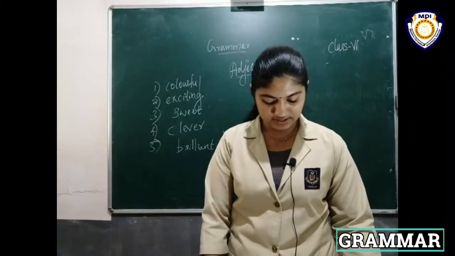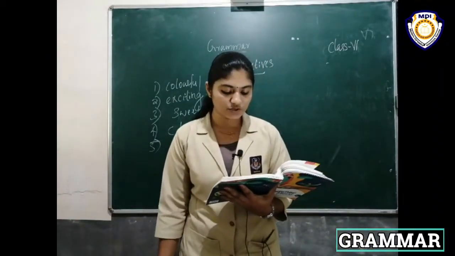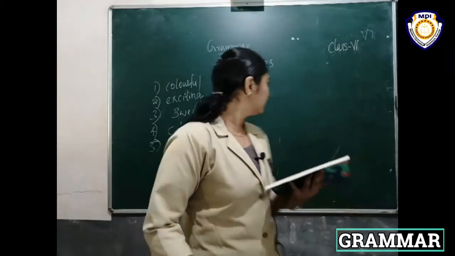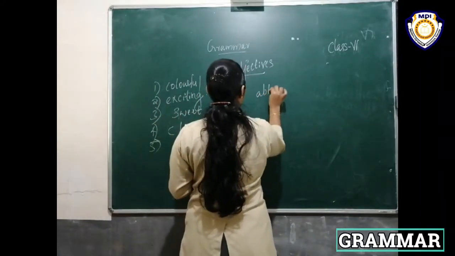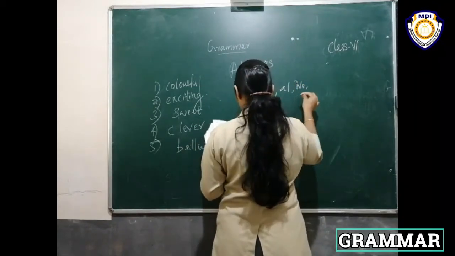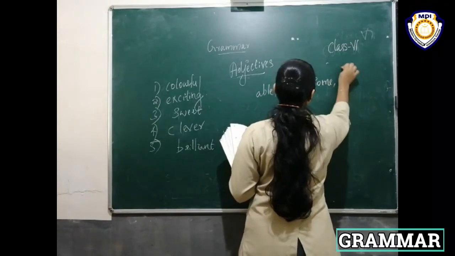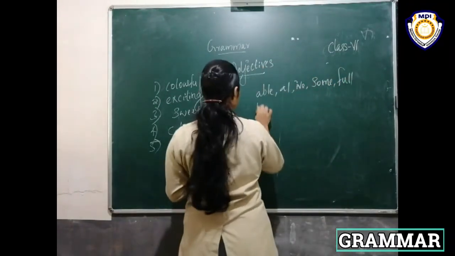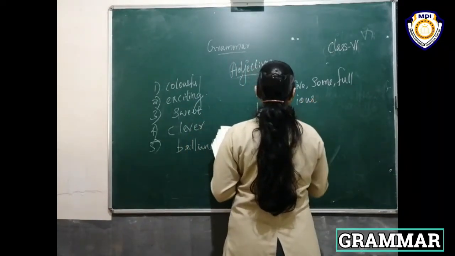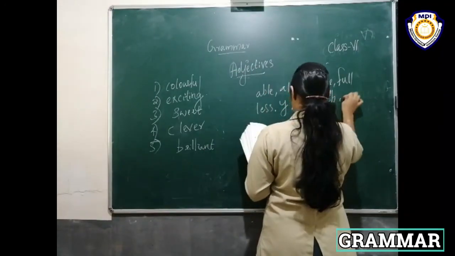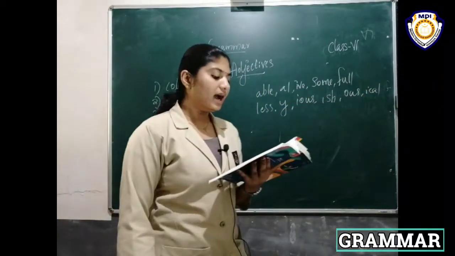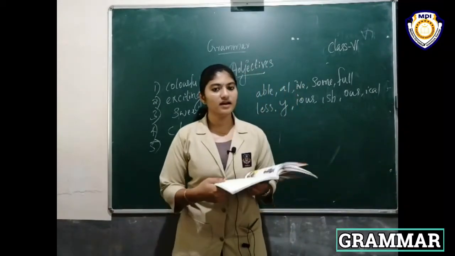Here we can form adjectives from nouns and verbs by adding suffixes such as able, al, some, full, less, ish, and so on.